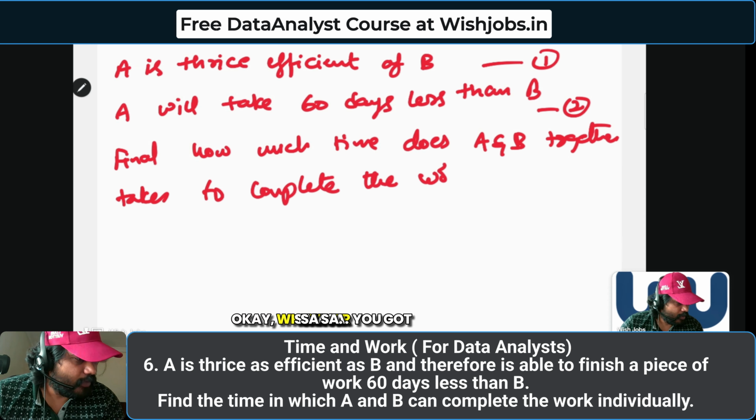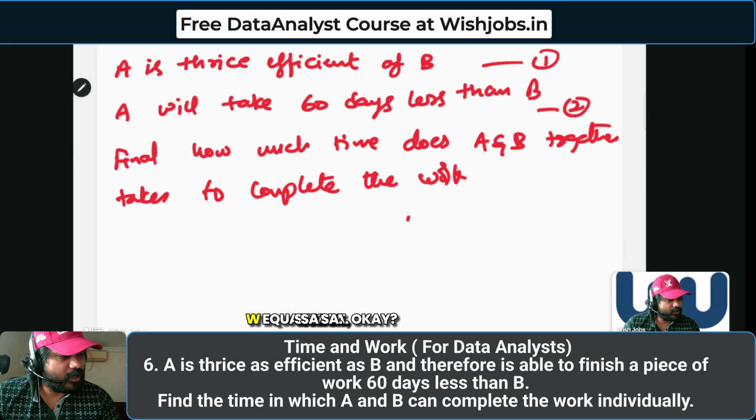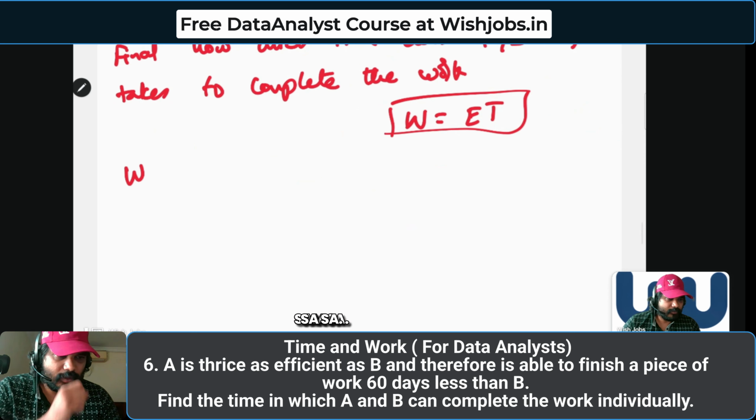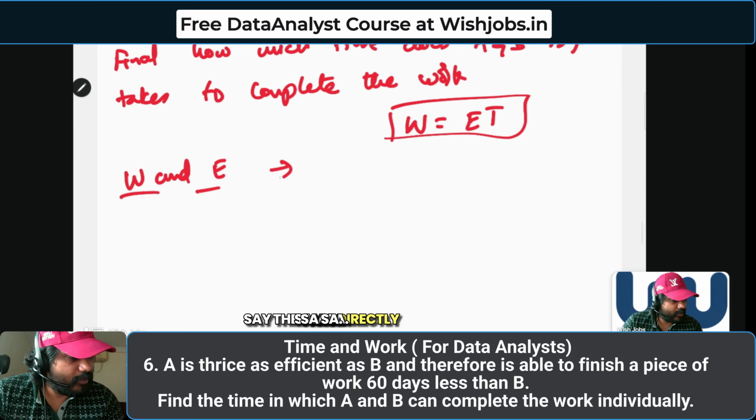Whenever you get any question in work and time, the only thing you need to remember is W equals ET. And here when work is given and you don't know efficiencies, you can say they are directly proportional because they are on the opposite sides. Work and efficiency and work and time are directly proportional.